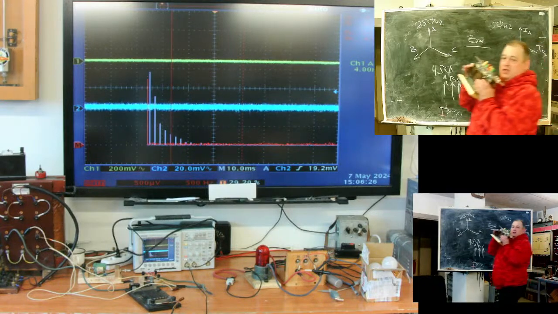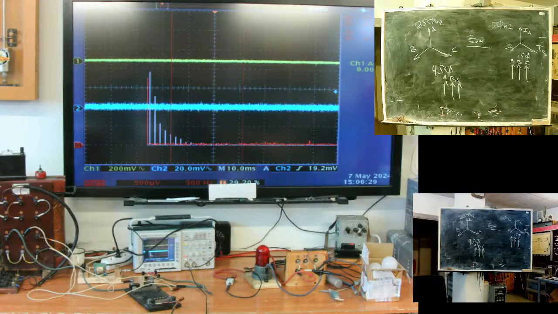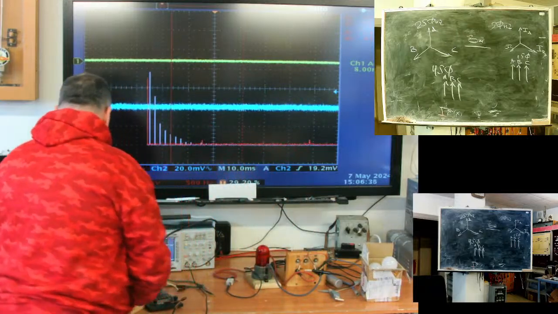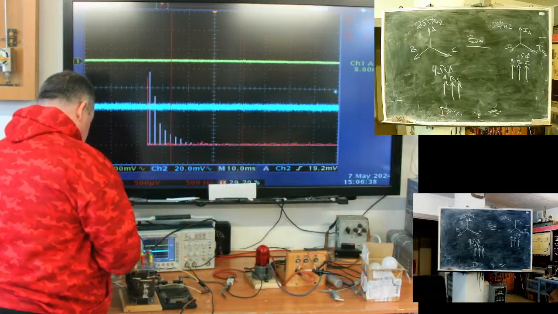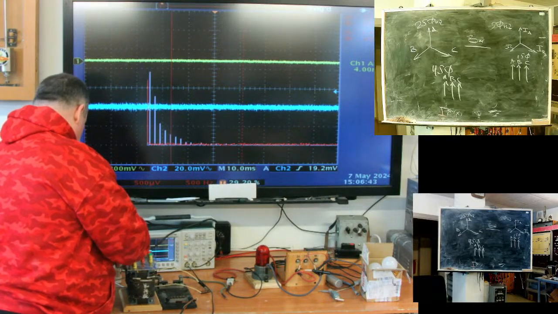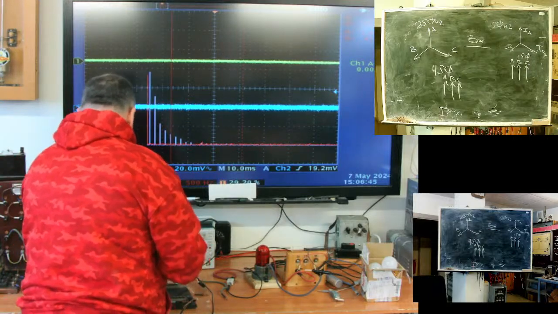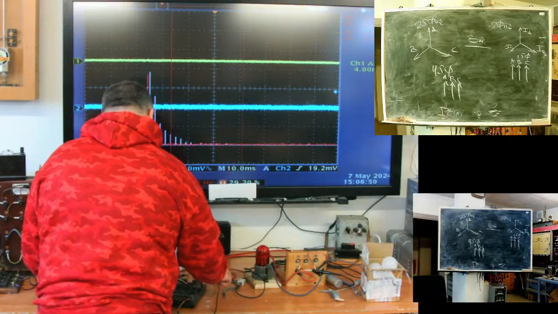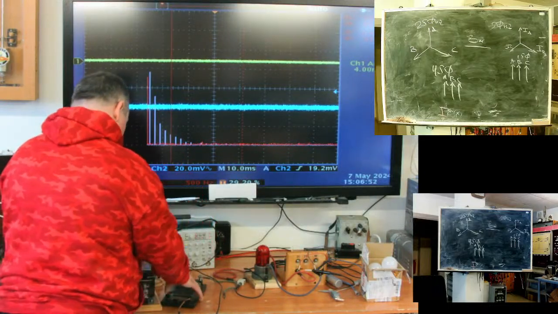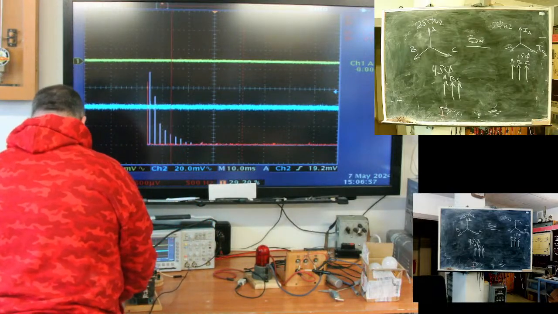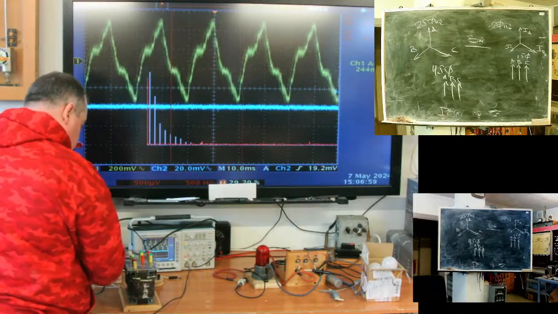And take this nice object, a three-phase transformer. Phase A, phase B. Ground wire.